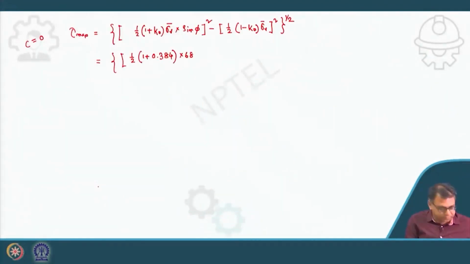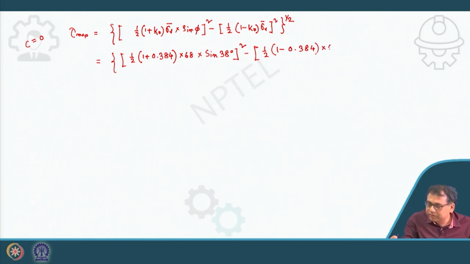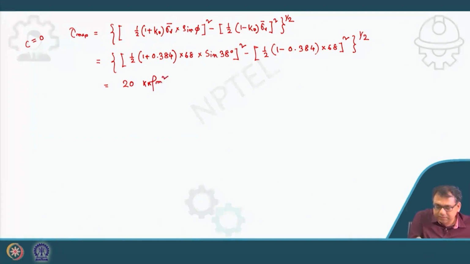So this is into 68 into sine 38 degree, that is square, minus half (1 minus 0.384) into 68, that is square, then total is under root. So that will be equal to 20 kilonewton per meter square. So maximum shear stress will be 20 kilonewton per meter square.